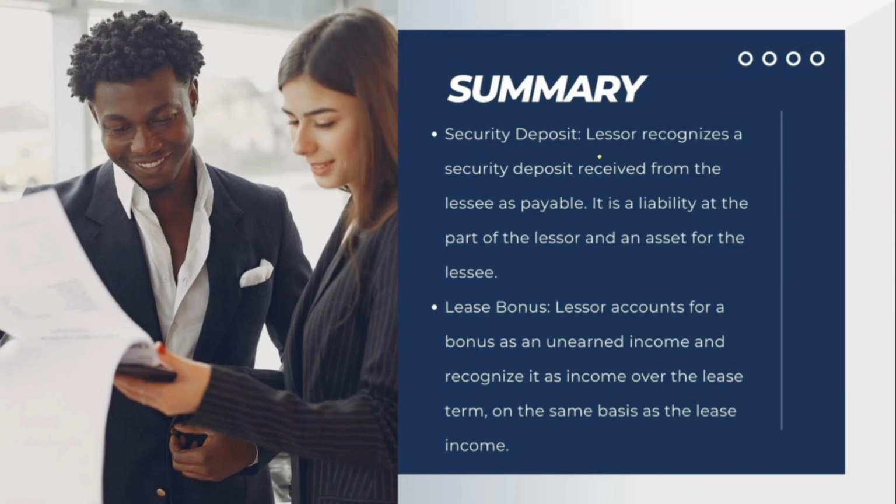Security deposit. Lessor recognizes a security deposit received from the lessee as a payable. It is a liability on the part of the lessor and an asset on the part of the lessee. Kay at the end of the lease term, if ever ang underlying asset is walay damage and all the rent is paid na, kay ibalik ni lessor sa lessee. That is why sa part ni lessor kay liability ni siya.